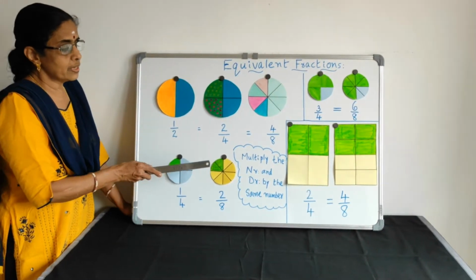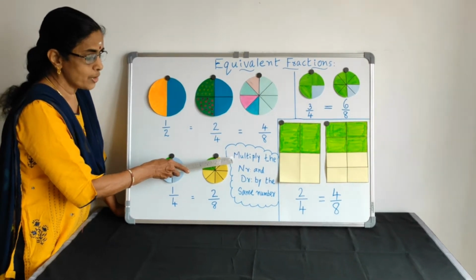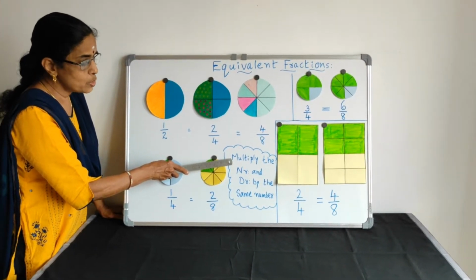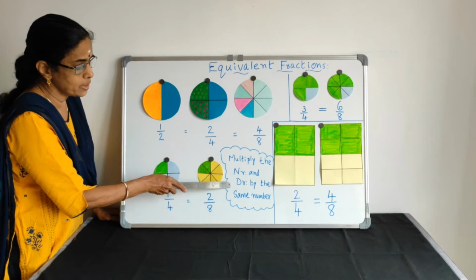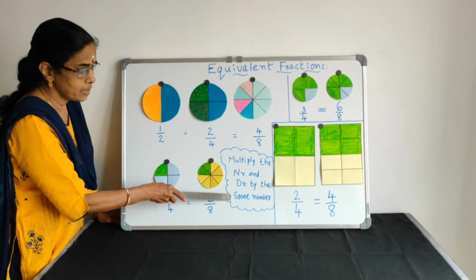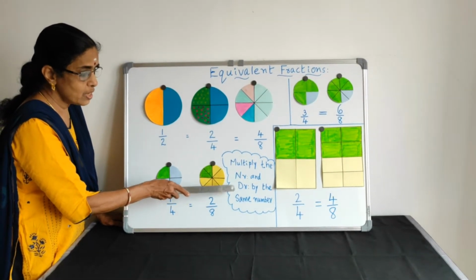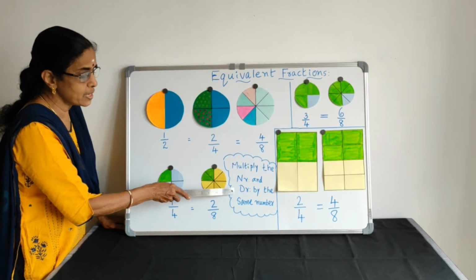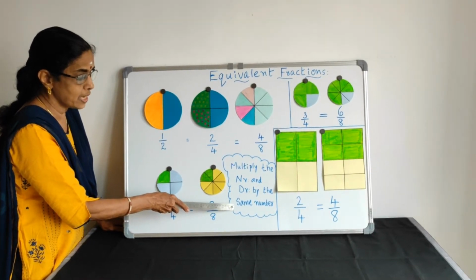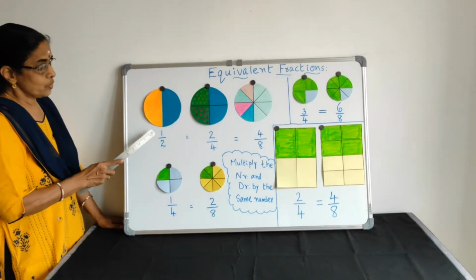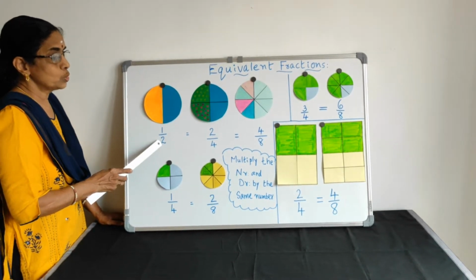How to find or how to make equivalent fractions? To get the equivalent fraction, multiply the numerator and the denominator by the same number. 1 by 2.